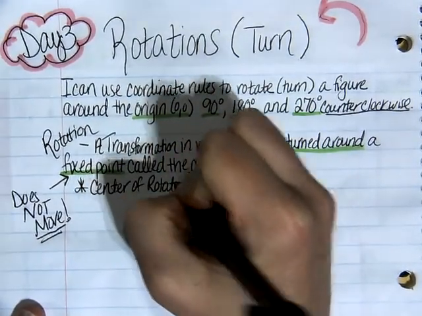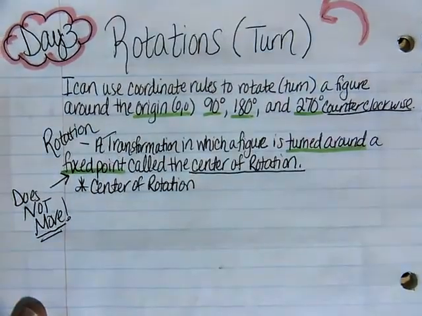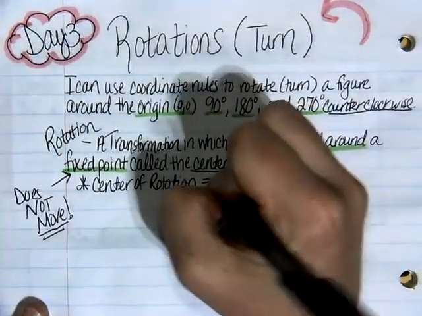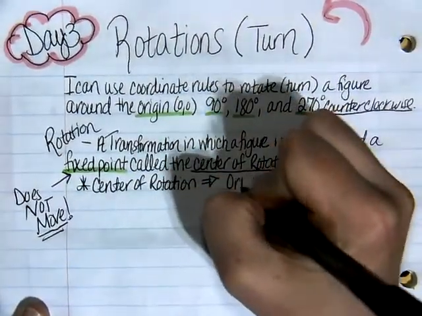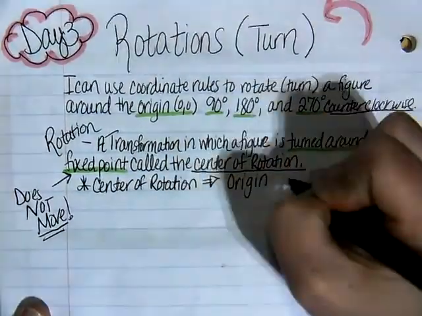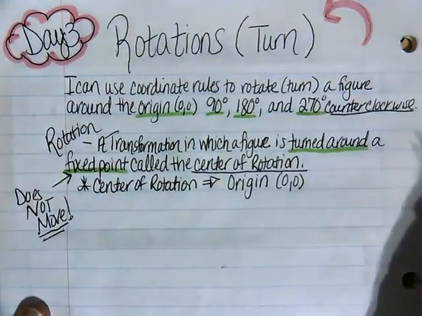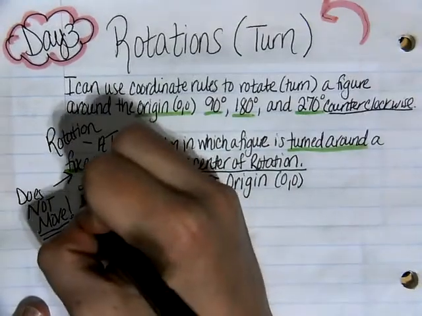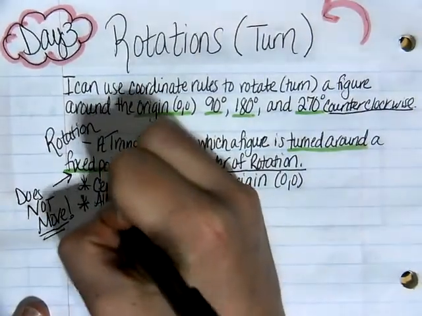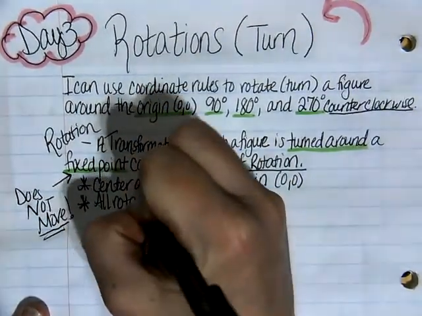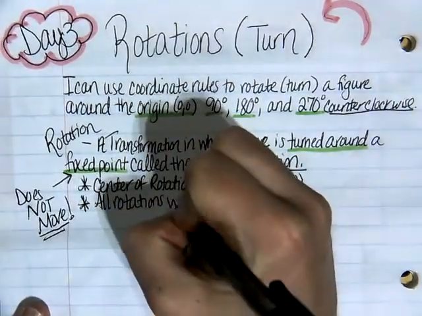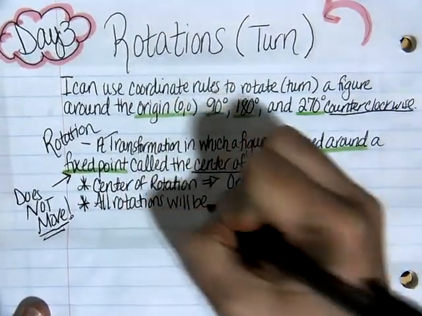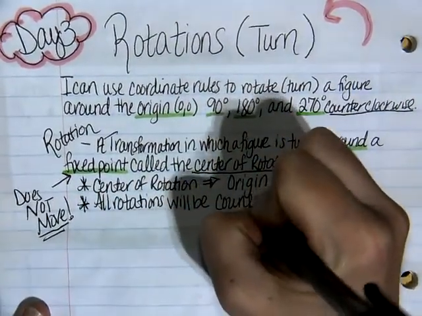It can be any point, but to keep things simple, our center of rotation will be located at a point called the origin, which is located at 0, 0. For our class as well, all rotations will be counterclockwise.